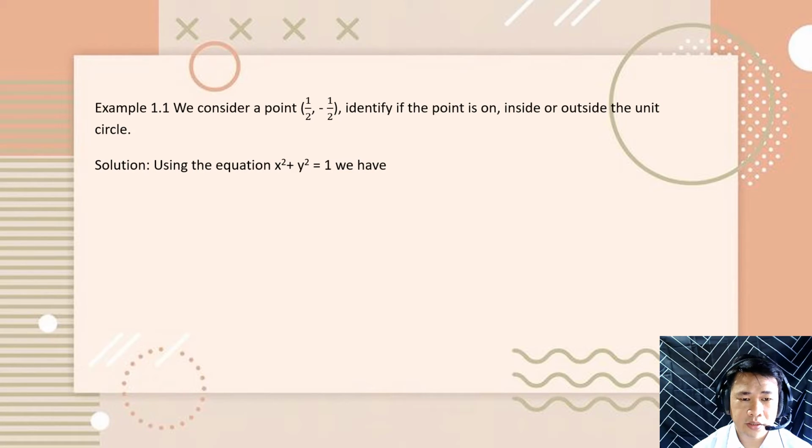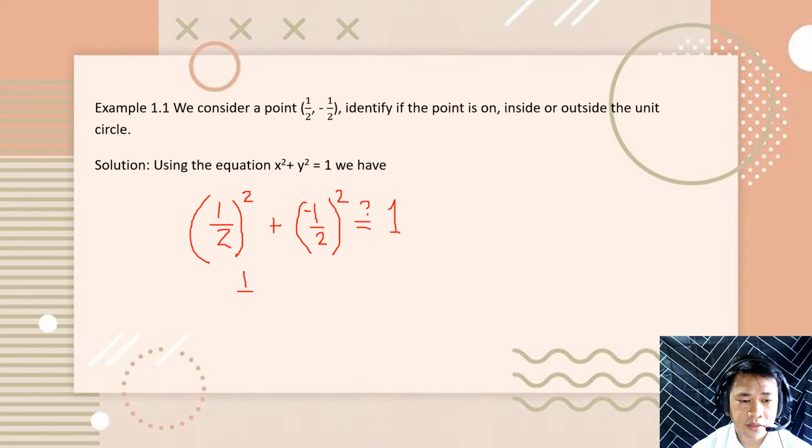Using the equation x squared plus y squared equals 1, we have (1/2) squared plus (-1/2) squared.